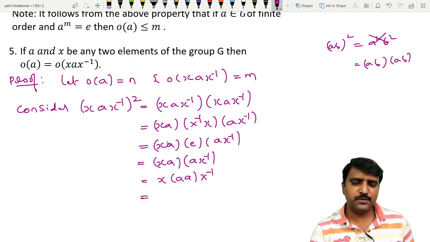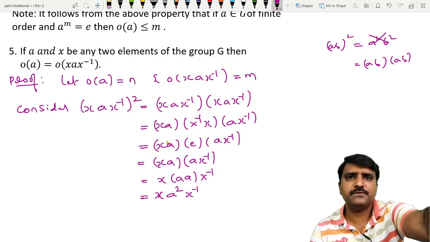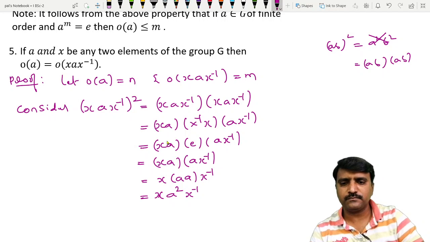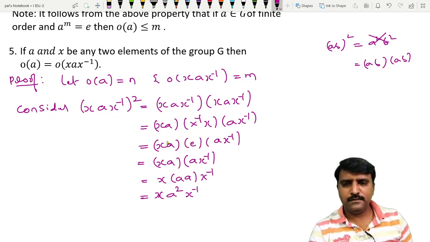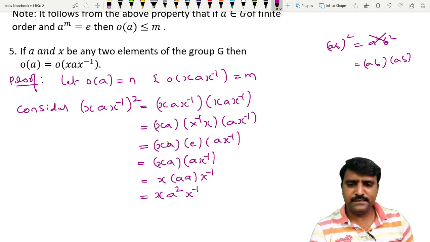I am using the associative property again. We can group like this by using the associative property. So x into a into a can be written as a square, into x inverse. This is x a x inverse, and x a x inverse square can be written as x a square x inverse.